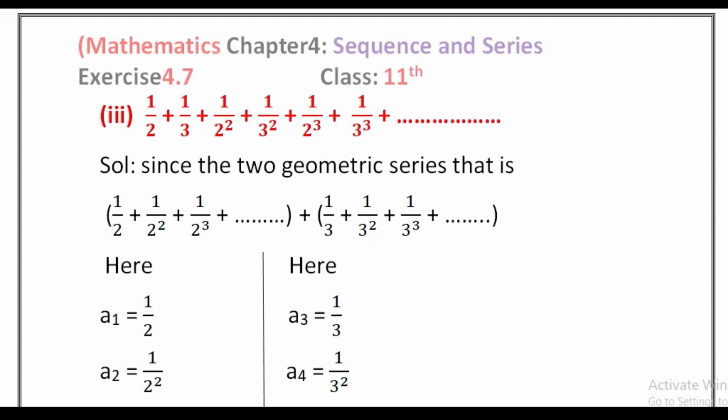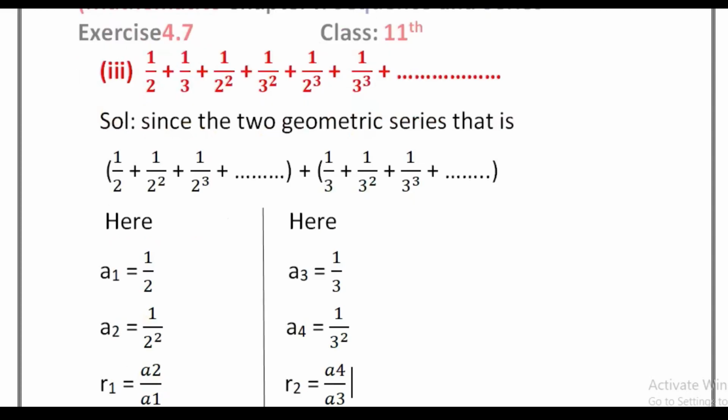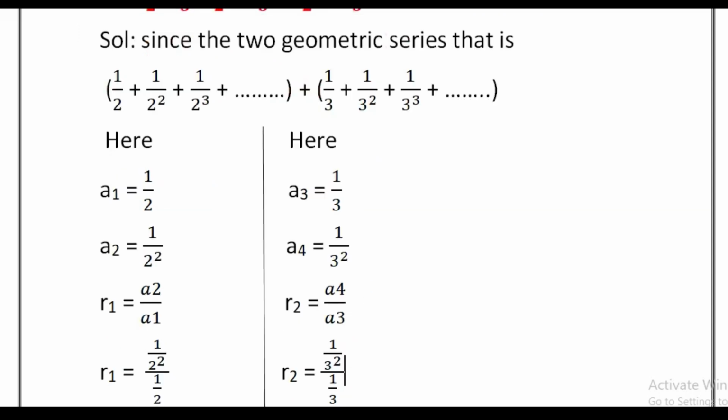First geometric series, that is here a1 is equal to 1 divided by 2, a2 is equal to 1 divided by 2 square. R is the common ratio between a1 and a2. So value of a2 is equal to 1 divided by 2 square and value of a1 is equal to 1 divided by 2.